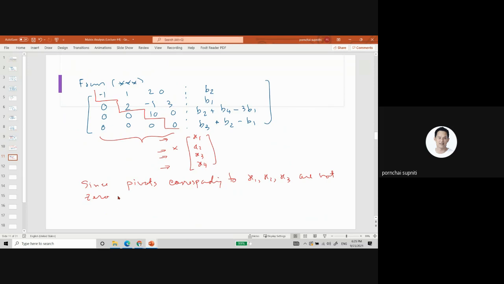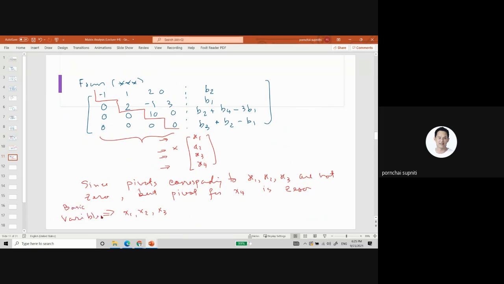but the pivot for x4 is 0. So we will call x1, x2, and x3 basic variables.